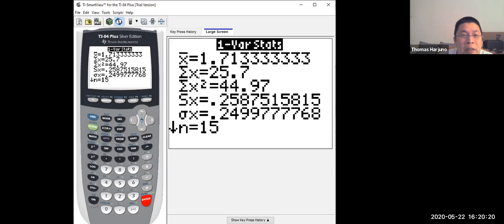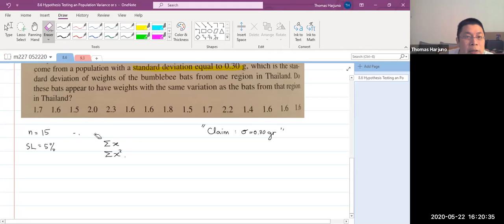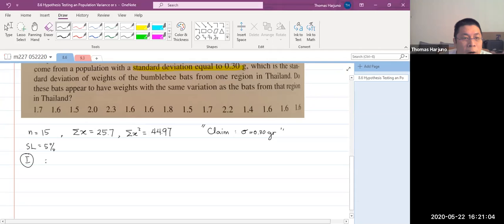Now, my sum of x is 25.7 and my sum of x squared is 44.97. My first step is to find x bar.